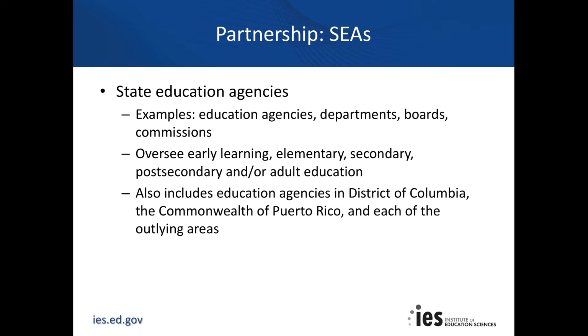Sometimes different types of public organizations are established to oversee a specific area of education. If there is any link to the main state education agency, it is helpful to include that agency as well. For this grant program, IES uses a broader definition than the Elementary and Secondary Education Act, ESEA, which focuses on the primary agency responsible for supervision of public elementary and secondary schools.